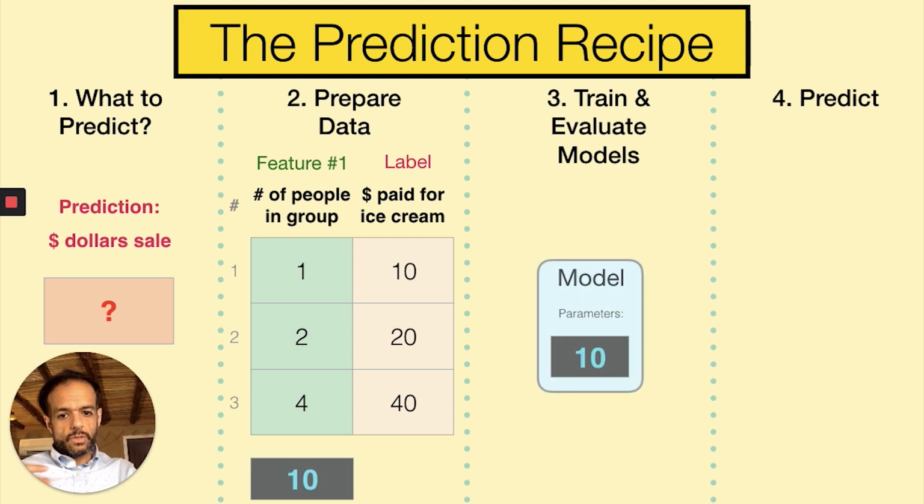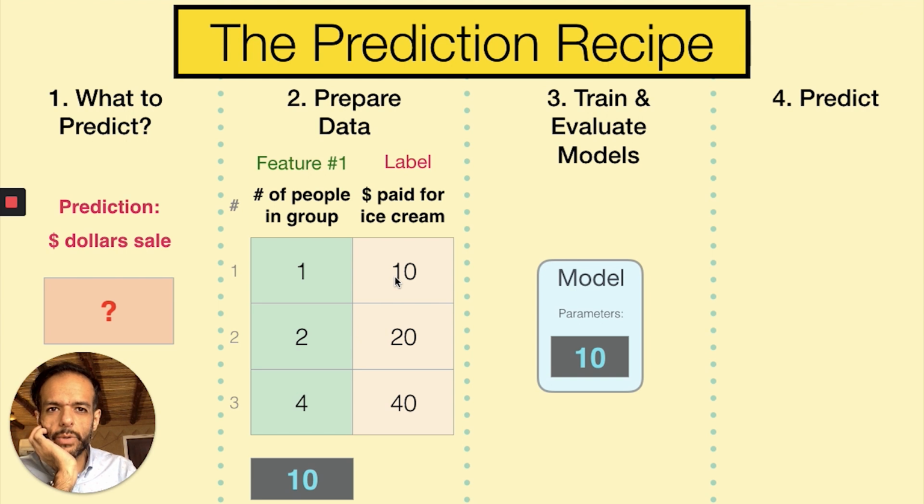This is an intuitive question, and it's an easy data set, and we said, okay. The green column, which is called the features, is related to the pink column, which is the label. And this relationship can be explained by the number 10. Whenever we multiply any value here by the number 10, this is a simple relationship or pattern that we found between these 2 columns.